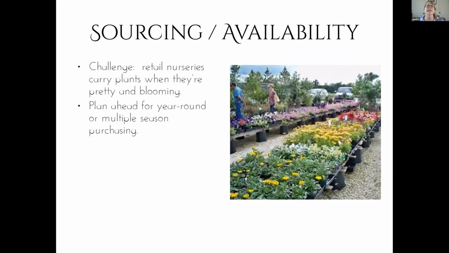Sourcing and availability is challenging. The retail nurseries love to sell things that look pretty right now, which is different from the things that look pretty next month and 3 months after that.